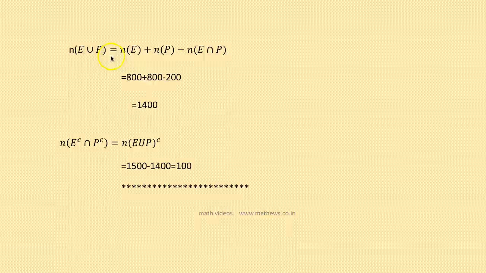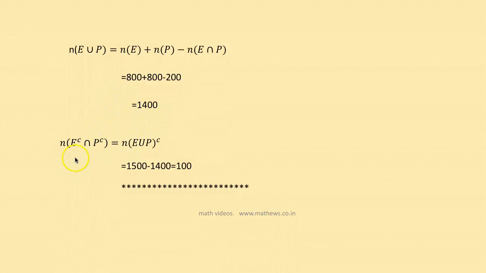So again, making use of this result, number of elements in E union P is number of elements in E plus number of elements in P minus number of elements in E intersection P. We know number of elements in E, number of elements in P, and number of elements in E intersection P. So substituting, we get number of elements in E union P is 1400.